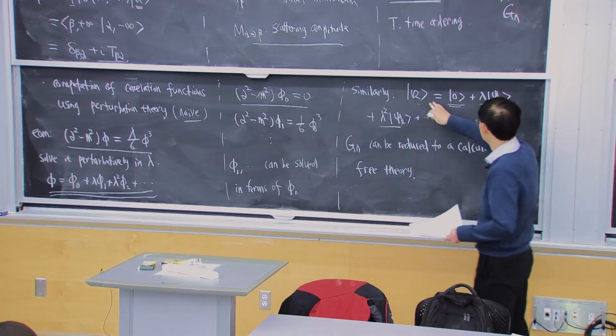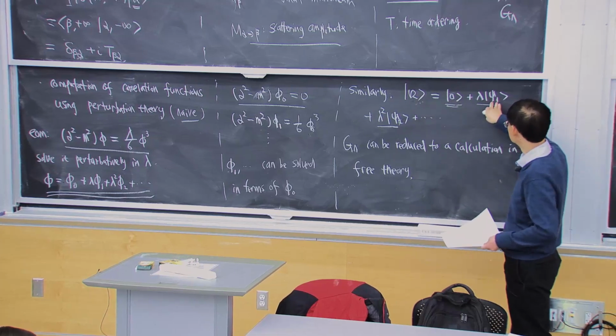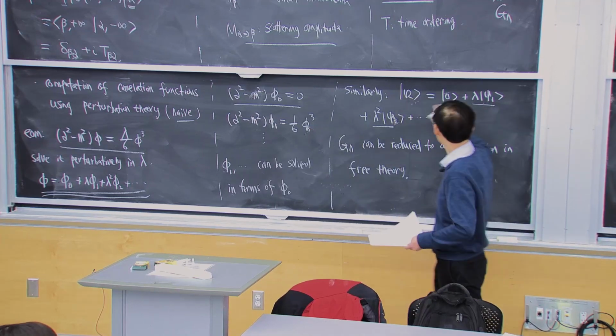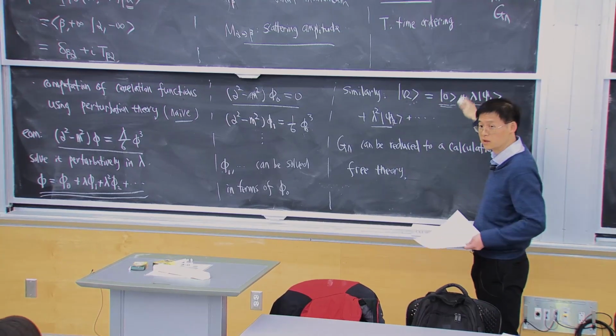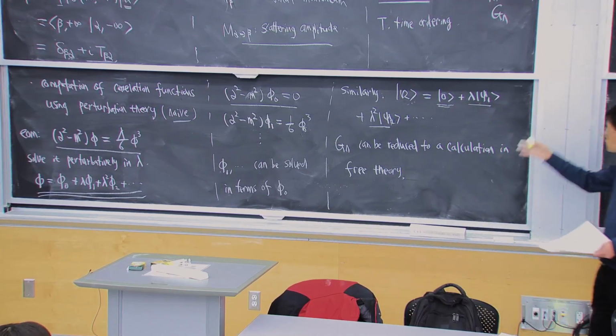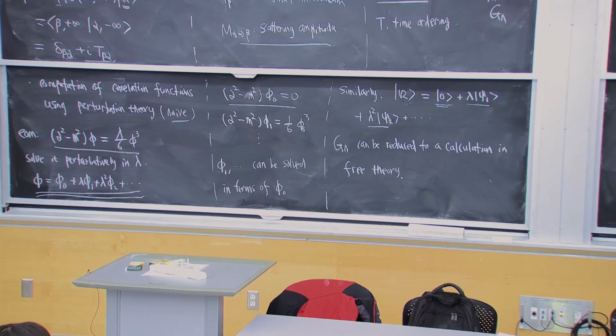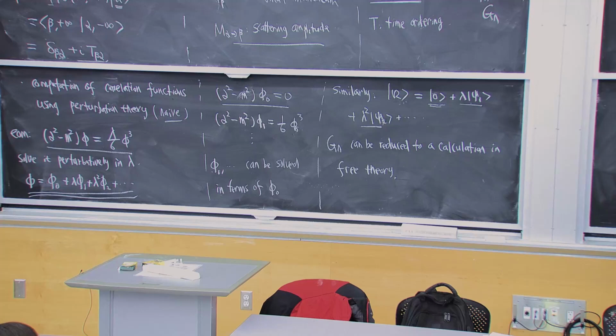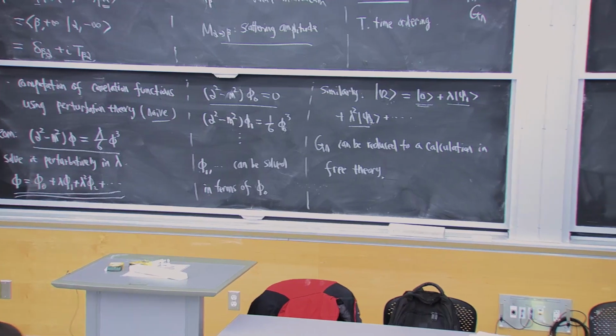Here again you expand in terms of φ₀, and the corrections can be obtained by, say, acting with φ₀ on the vacuum state, etc. So in the end, if you do this procedure, you should be able to calculate this Gₙ. Conceptually, it's not very difficult to calculate.